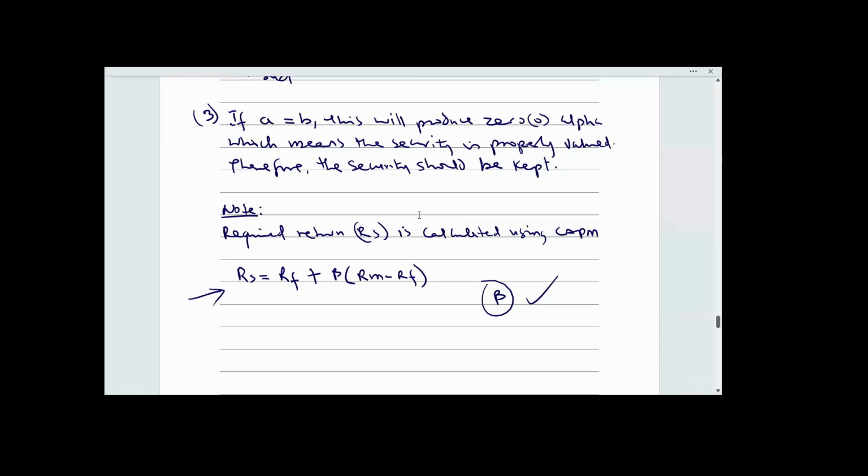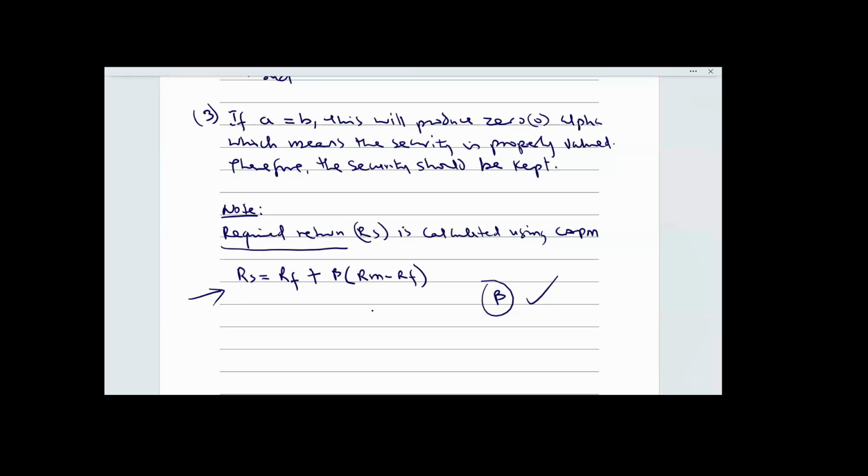What's your question? Okay. I just wanted to know the meaning of RS is return on security, RM return on market. What of the RF? You said, did I say RS is return on security? I said required return. RS is required return.